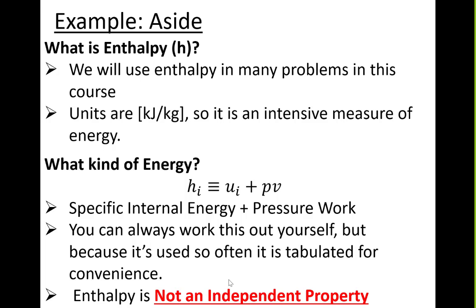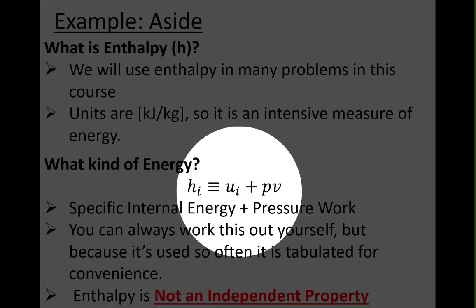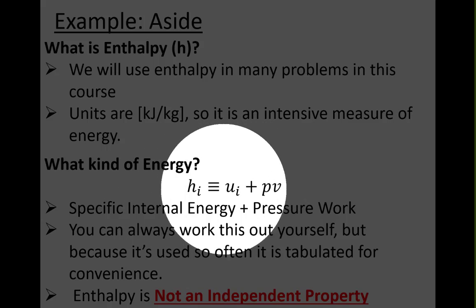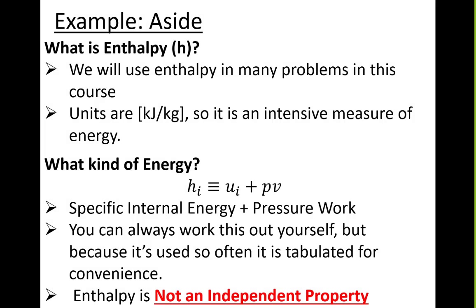In fact, the definition for specific enthalpy is specific internal energy plus the pressure times the specific volume, and we'll see why we use this particular variable later on in the course. After the first midterm, when we start to look at open systems, we'll see how specific enthalpy simplifies our life a little bit.